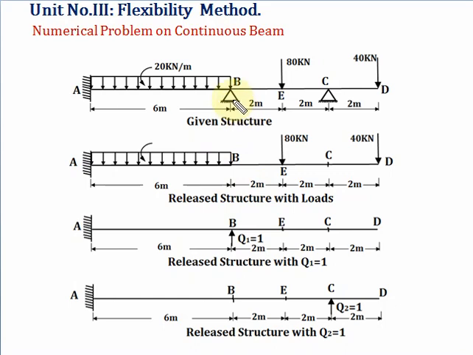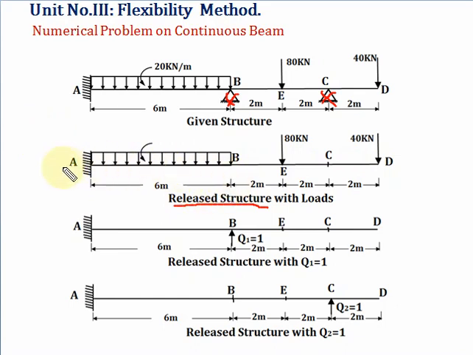To make this structure statically determinate, we have removed the hinge support at B, and also we have removed the hinge support at C. So by removing the supports at B and C, the structure has become statically determinate, and so we call it a released structure. We have to make the structure statically determinate in such a way that after removing the supports at B and C, this continuous beam ABCD is a stable structure.